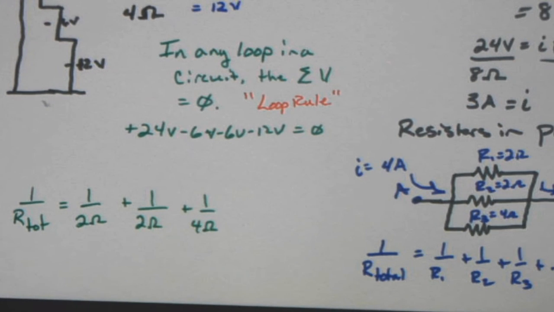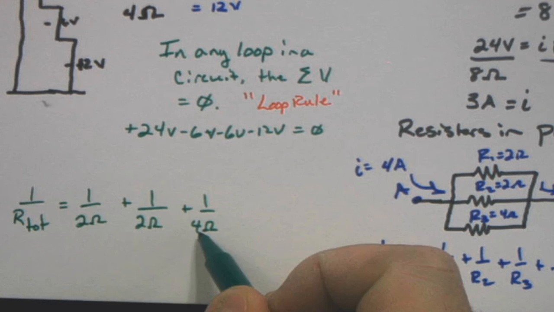Follow me there? Then we actually have to do some fraction math. We can't add these straight up. We have to find a common denominator. Their least common denominator would be 4.